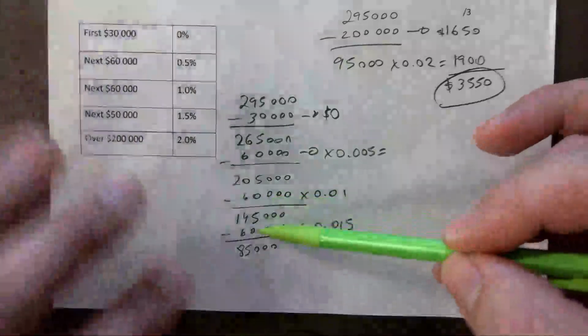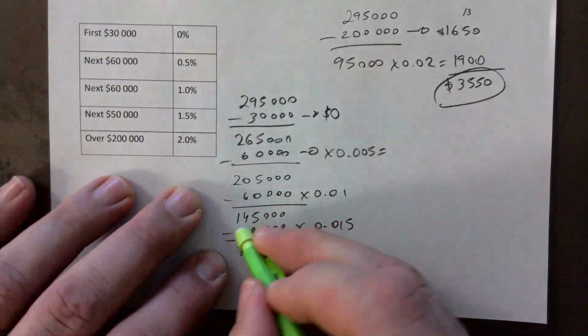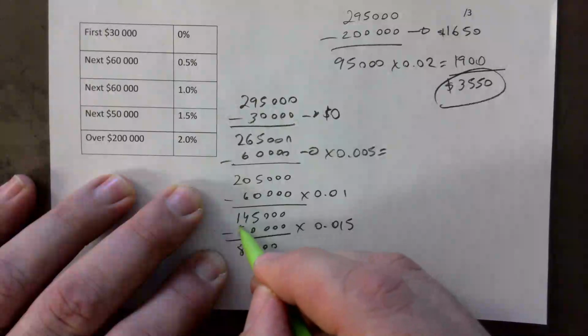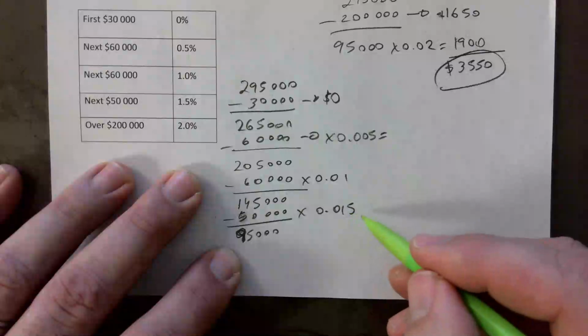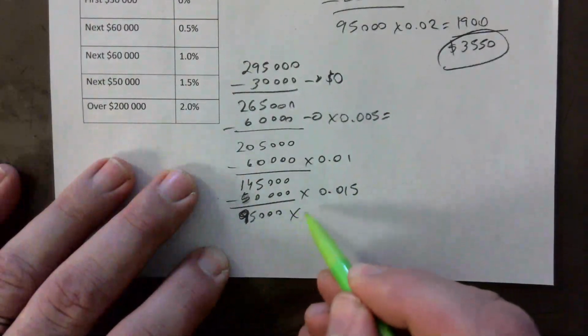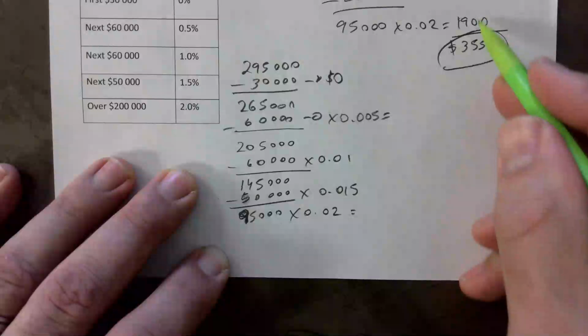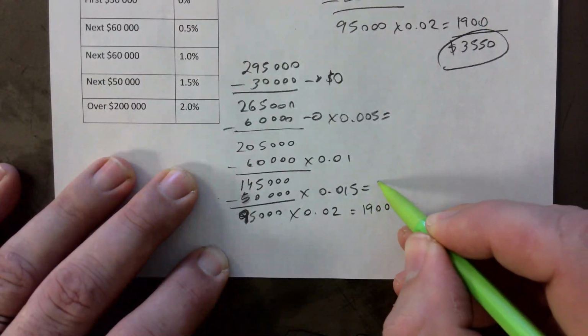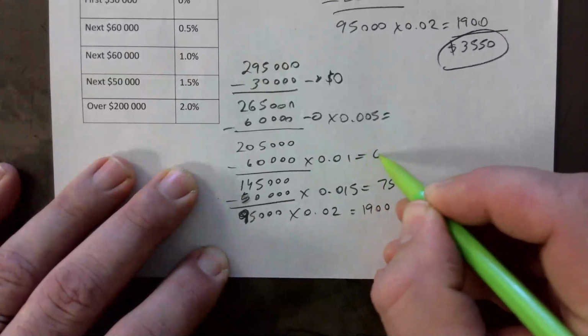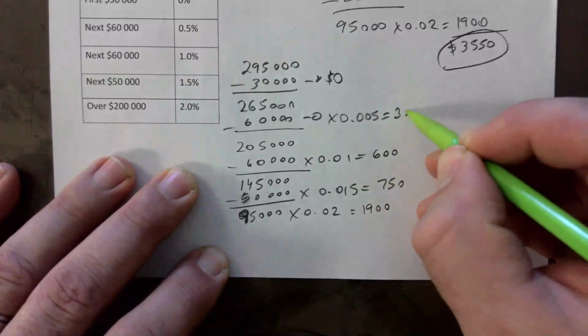Yeah, this is 50, right? Yeah. Thank you. Don't rush. That's the lesson. Okay. And then this gets multiplied by 0.02. I'm going to borrow that answer there. This is 750. This is 600. This is 300.